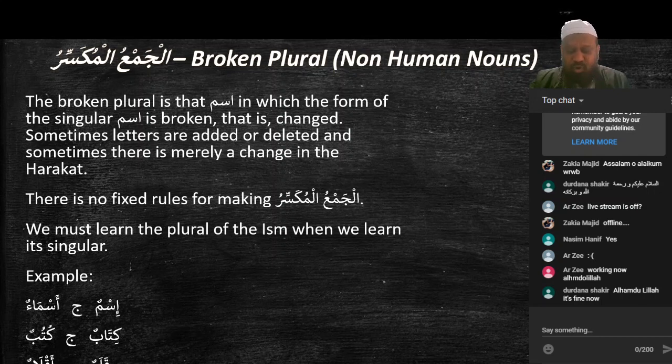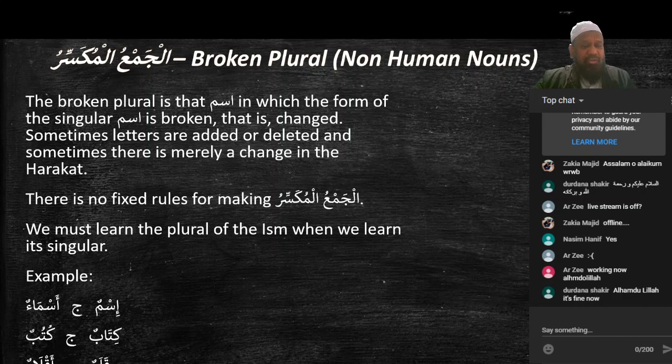For example, Ismun, jama Asma'un. The singular is Alif Sin Mim. When it becomes a jama, it is broken. We add the Alif with fatha at the beginning, and after Mim we add one more letter, which is Alif, and it becomes Asma'un. This is why these isms are called broken plural.